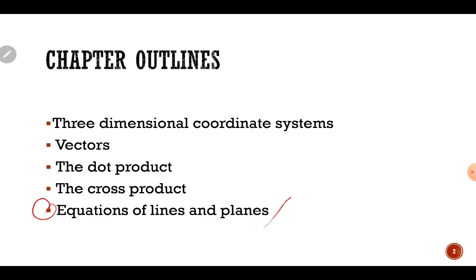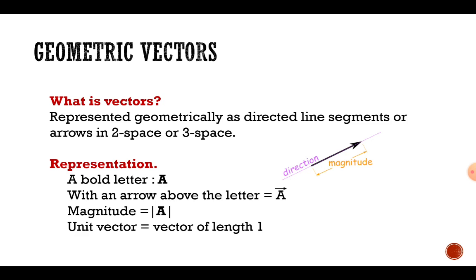Alright, so we begin with the geometric vectors. Okay, alright, so what is vector? Apa maksud vector kat sini? Alright, so vector is represented geometrically. Geometrically ni maksudnya kita tahu dia punya location.